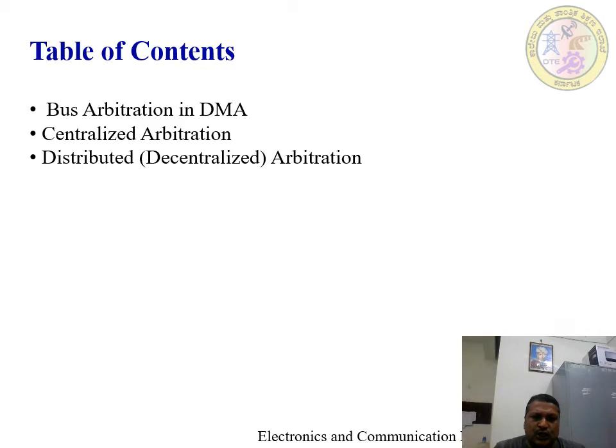In distributed arbitration, devices are given identification and a pattern is generated on arbitration lines, and this pattern and the identification of devices are compared and access is given to the device.